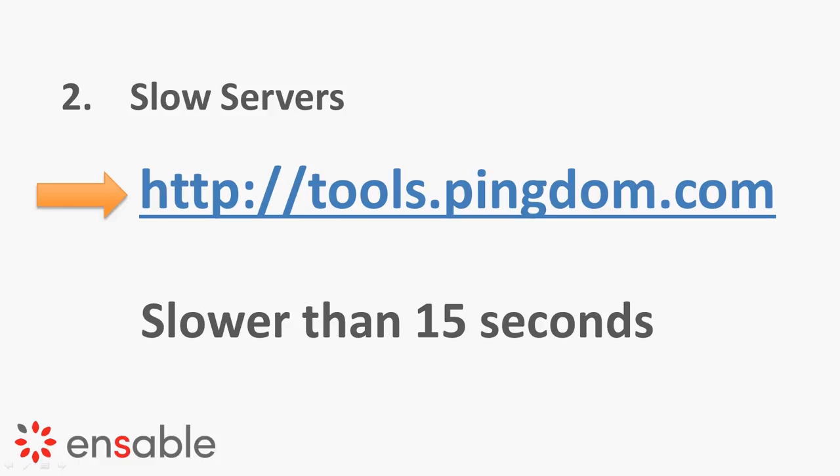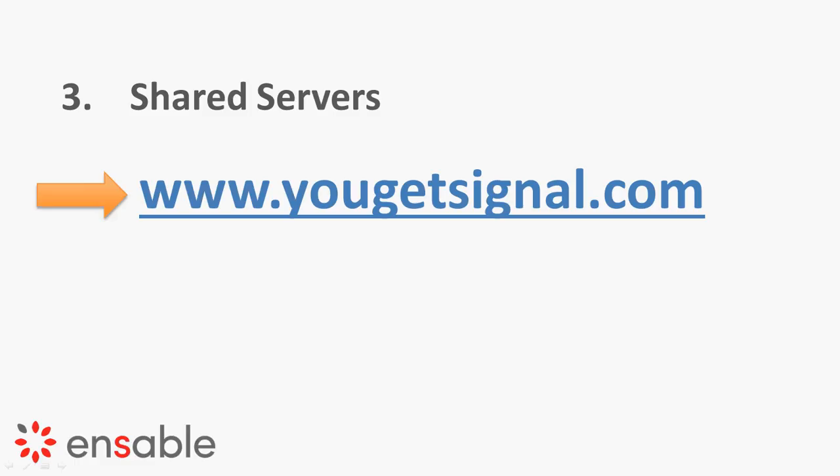This will give us an indication of how well these are performing. And a lot of times these servers are sitting on top of or shared with other resources within the company. Anything above 15 seconds is typically something that would be fixed in the near future. And so that's something you want to be proactive with.